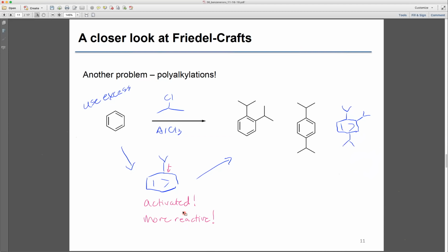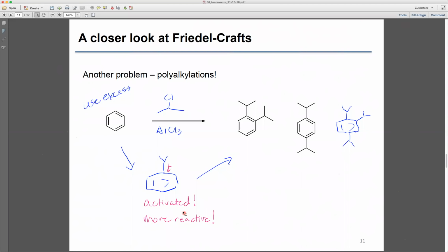So that's one way to do this. And I will say that we will just assume that we are doing monoalkylations unless otherwise specified. Okay, so assume monoalkylation unless otherwise specified. But there are conditions, for example, using excess benzene, that would minimize the polyalkylated products.